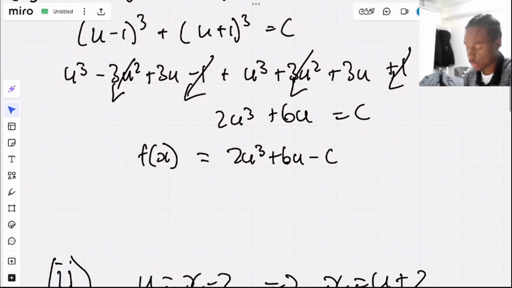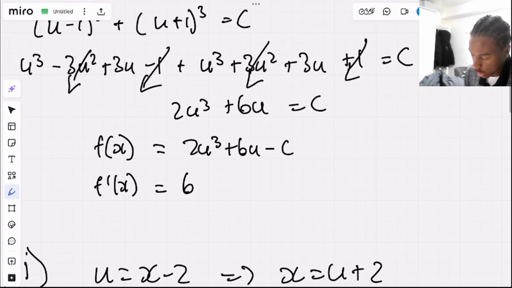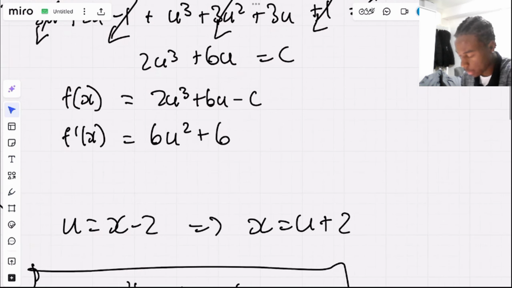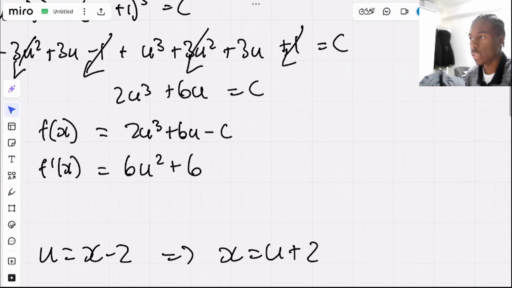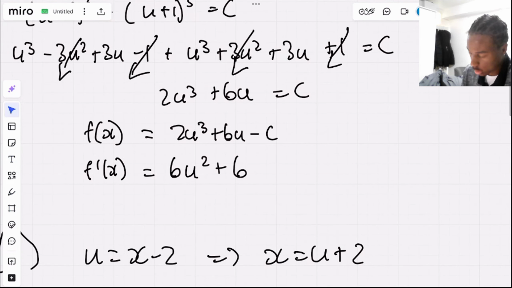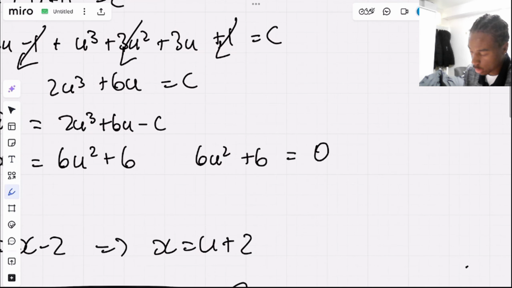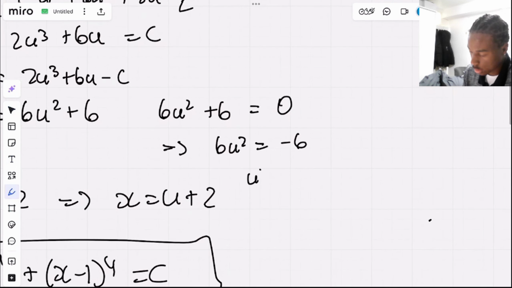Okay, so our derivative is going to be 6u squared plus 6. And we set the derivative equal to 0 for a turning point. So we're going to have 6u squared plus 6 equals 0. 6u squared equals minus 6. So u squared equals minus 1.